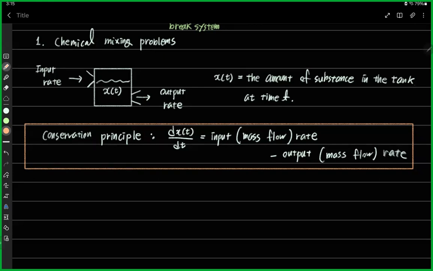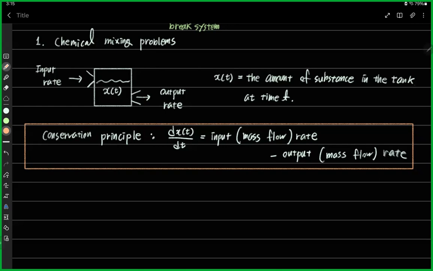In most cases, I think 99%, it becomes a differential equation. And then we want to solve this differential equation to figure out the solution so that we can predict or understand the behavior of the phenomenon. That's the whole process.